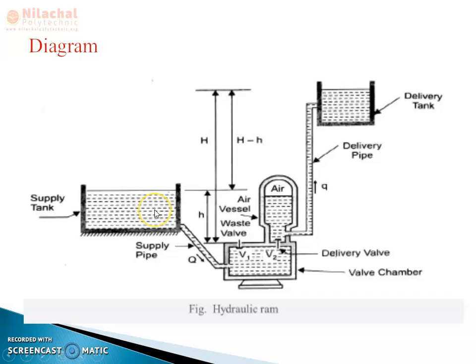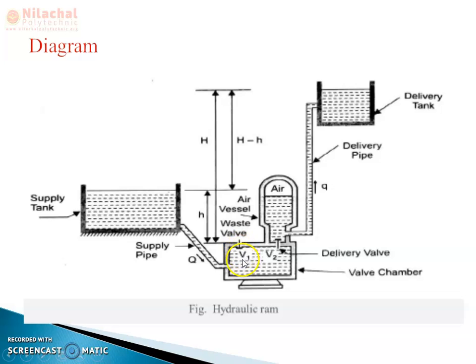So the water is supplied from the supply tank to the valve chamber through the supply pipeline. When the water reaches the valve chamber, at a certain time the water gets high kinetic energy. This kinetic energy helps to close the waste valve.